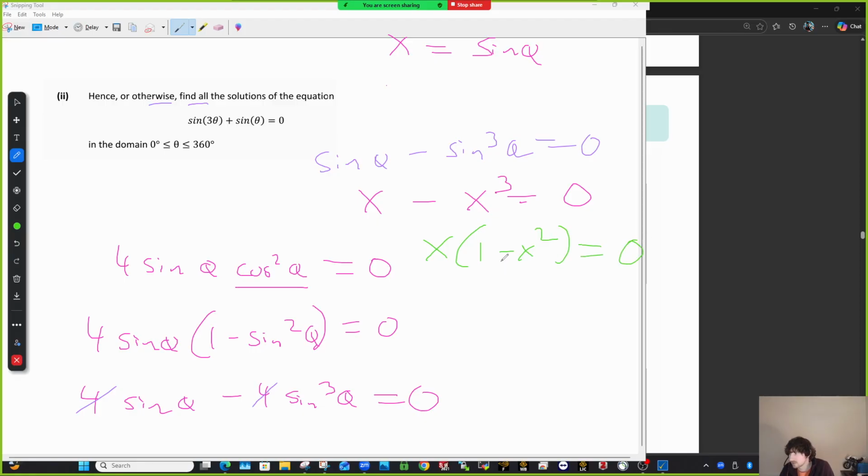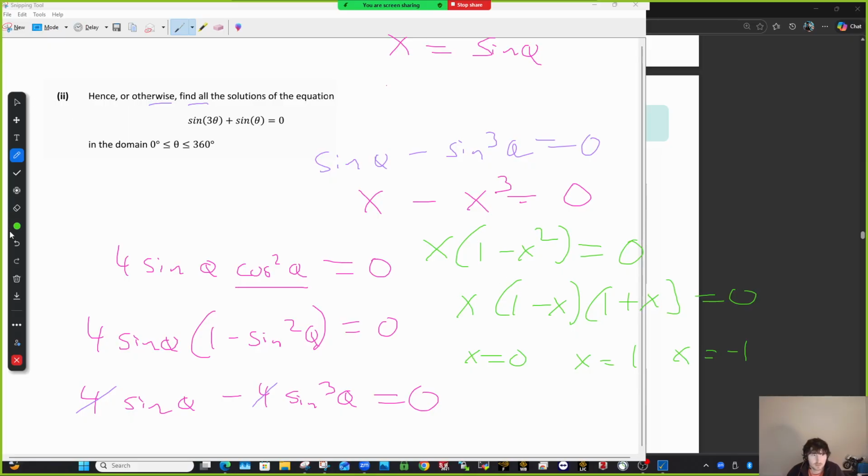You should know the difference of squares. So that's x times (1 minus x) times (1 plus x). And so the solutions here are x equals 0, x equals plus 1, and x equals minus 1. So 3 solutions, but that's what we'd expect because this was a cubic up here.